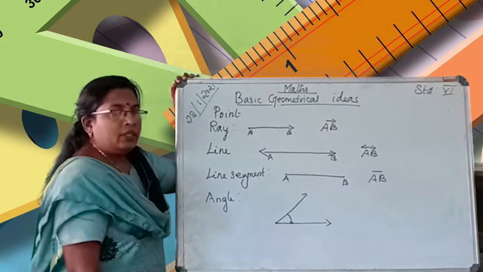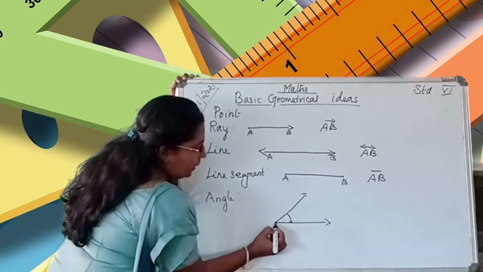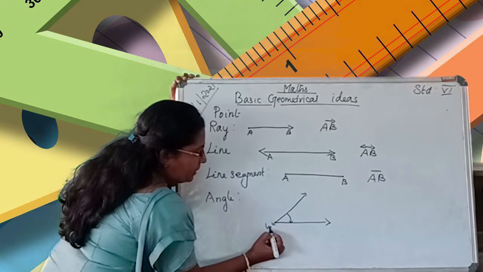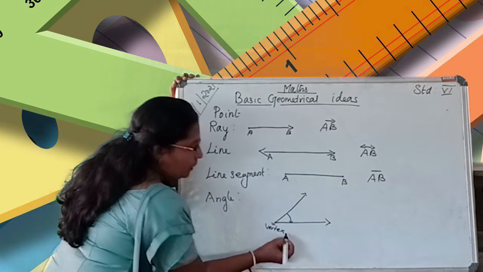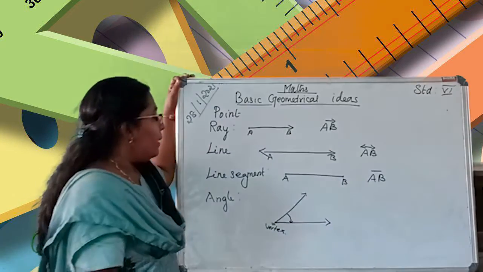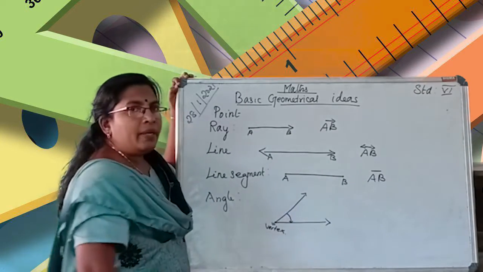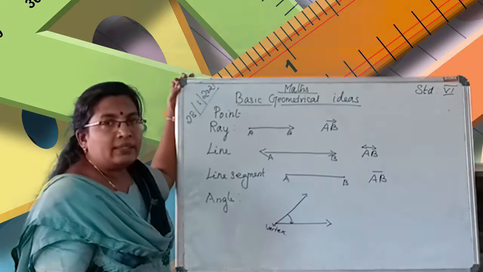Understand? This is the angle. This is the vertex. The common point of two lines or line segments is the vertex.